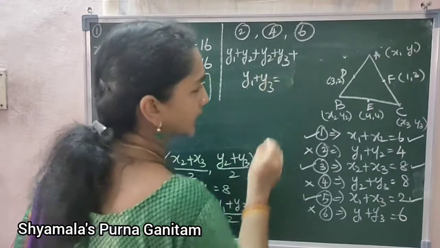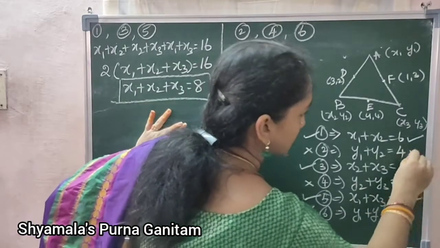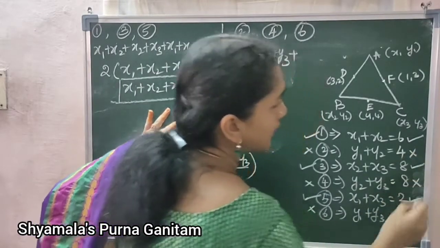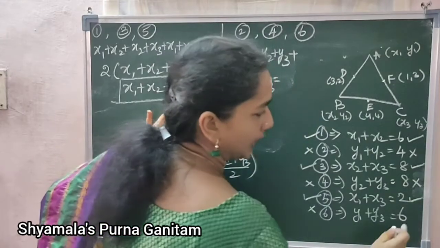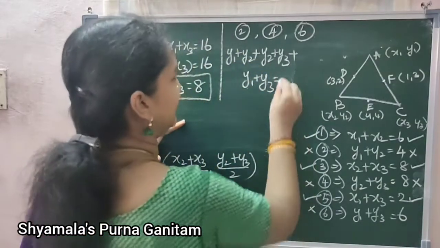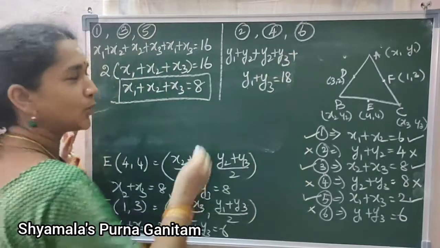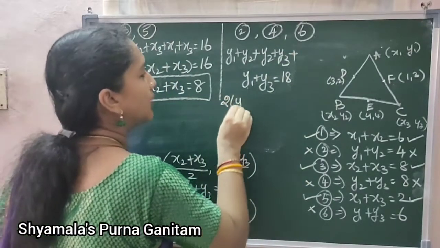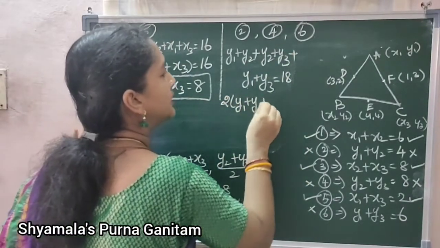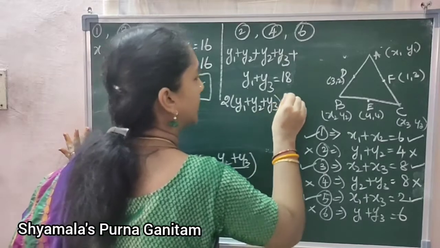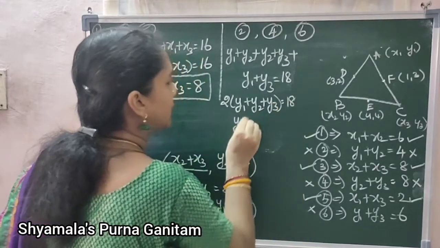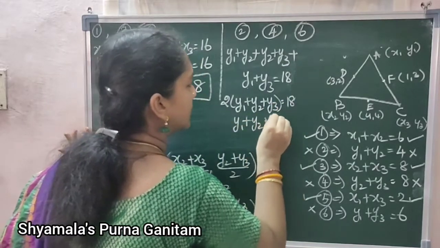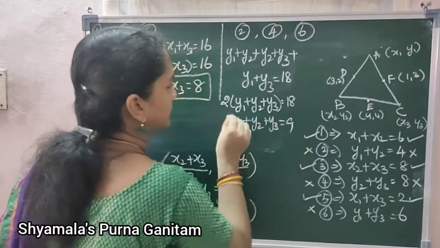So when I add all these things, RHS is 4, 4 plus 8, 12, 12 plus 6, 18. So 2 times of y1 plus y2 plus y3 is equal to 18. So y1 plus y2 plus y3 is 9.